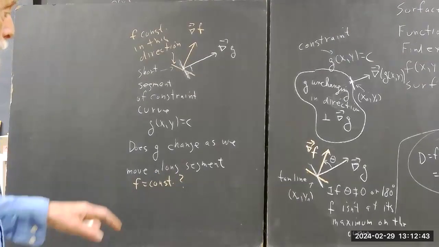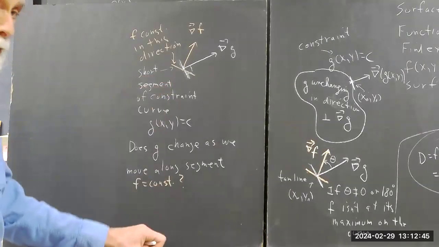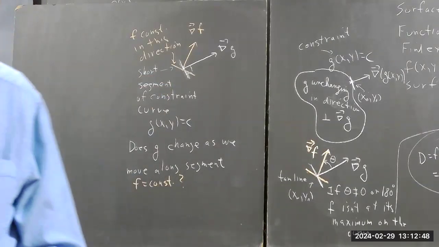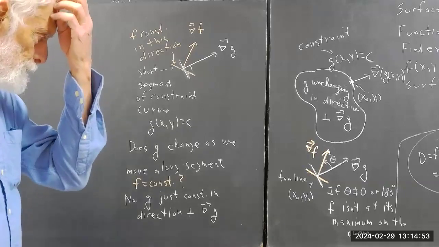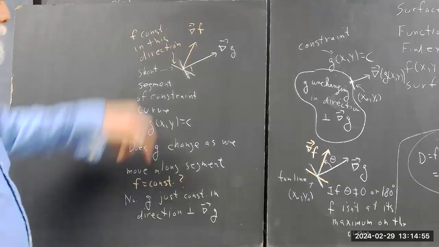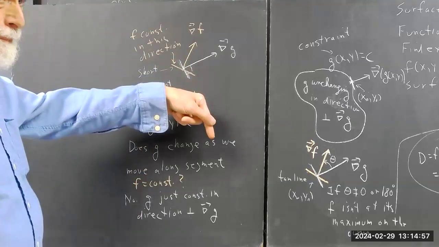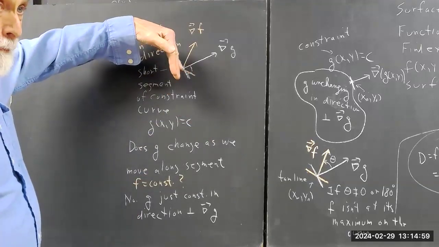Okay, as we move along the segment where f equals constant, is g changing? Okay, we got a good answer. A good answer was, well, it can't be, because g's constant here along this direction.